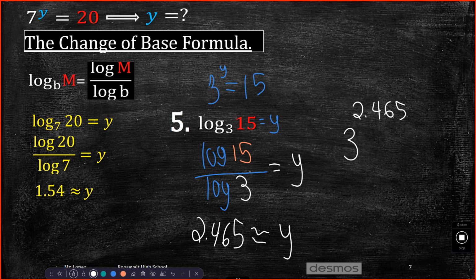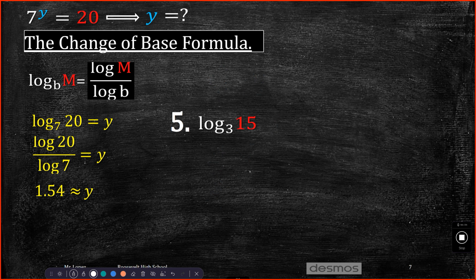What are you getting? 15.004. Yep, this works. So this is working out. About 2.46 will give you an approximate solution.